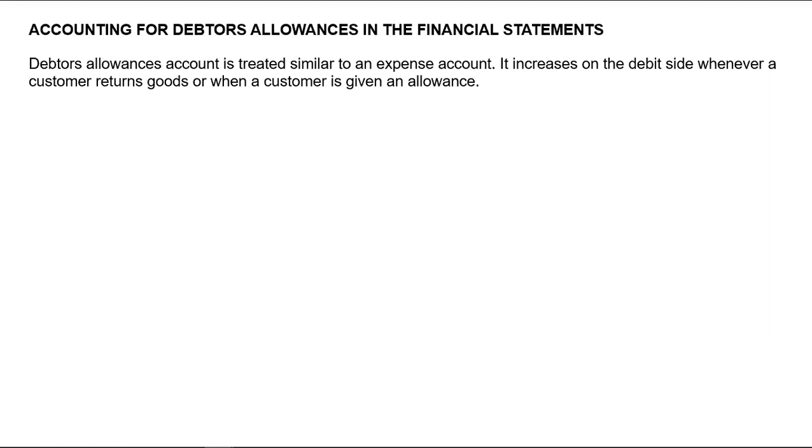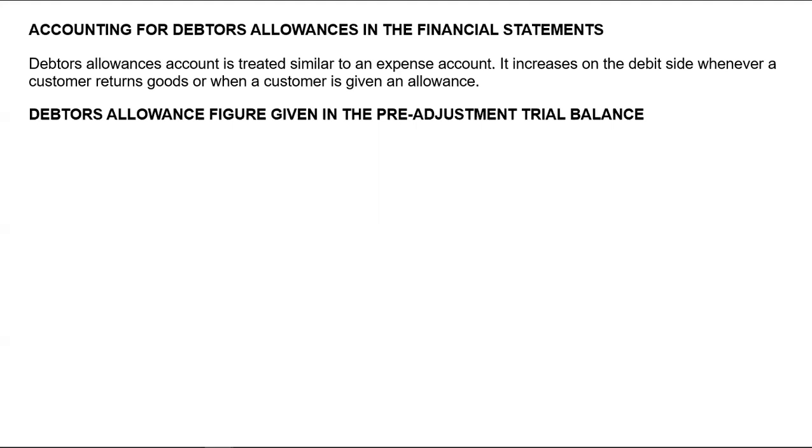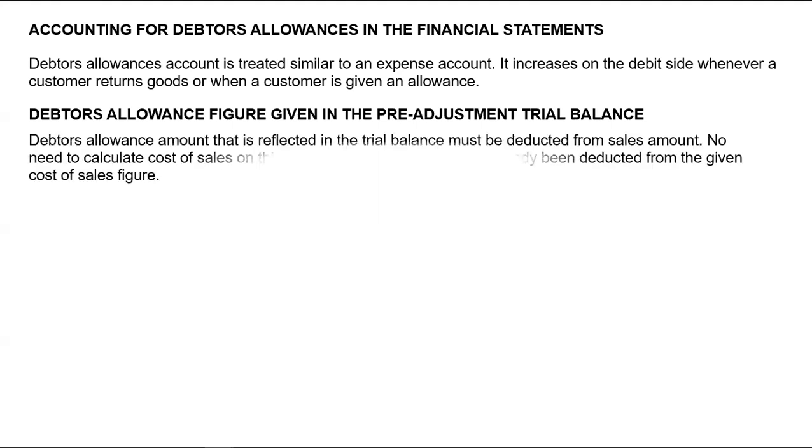Now, debtors allowances figure that you get in the pre-adjustment trial balance. What do you do with that one? The debtors allowances figure that is reflected in the trial balance must be deducted from sales amount. No need to calculate cost of sales, as cost of sales, when it comes to that amount, has already been taken into account.